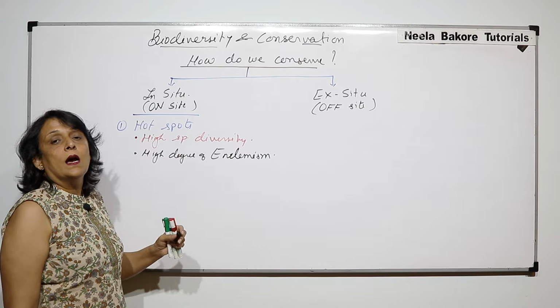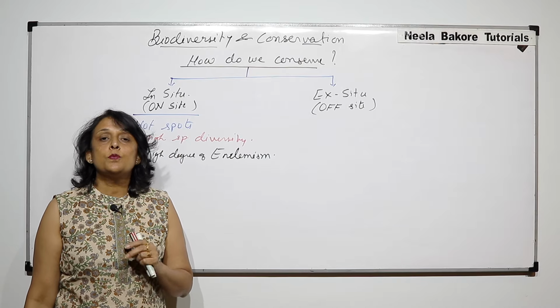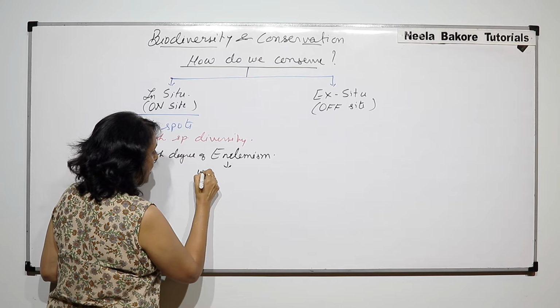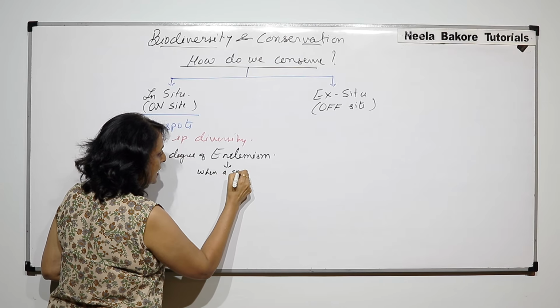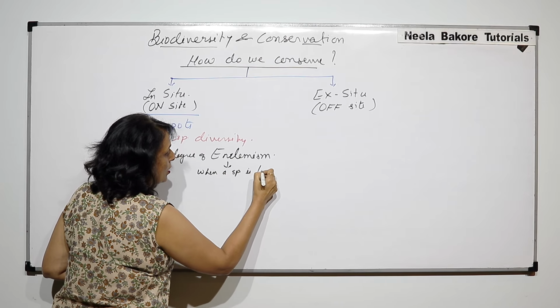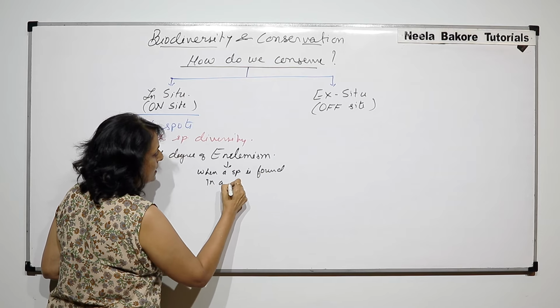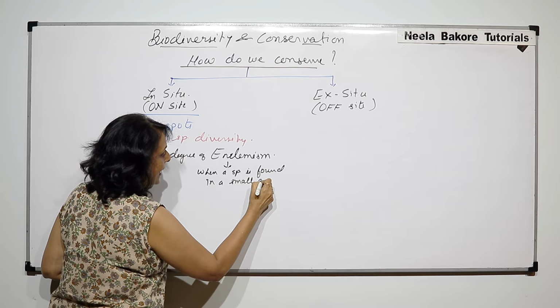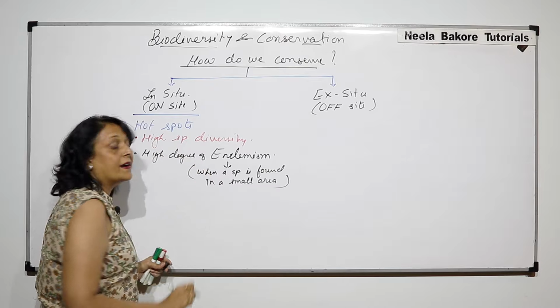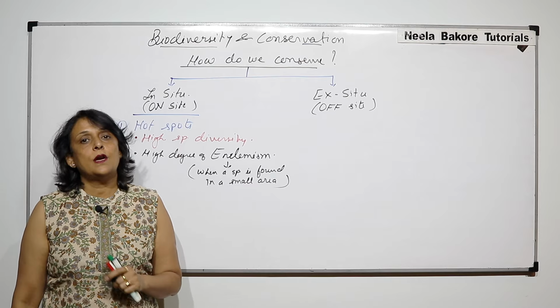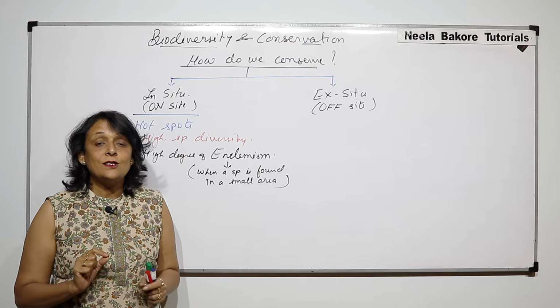Endemism means occurrence of a particular species in a localized area. When a species is found in a small area and nowhere else. Like kangaroos. Kangaroos are found in Australia, nowhere else in natural habitat.